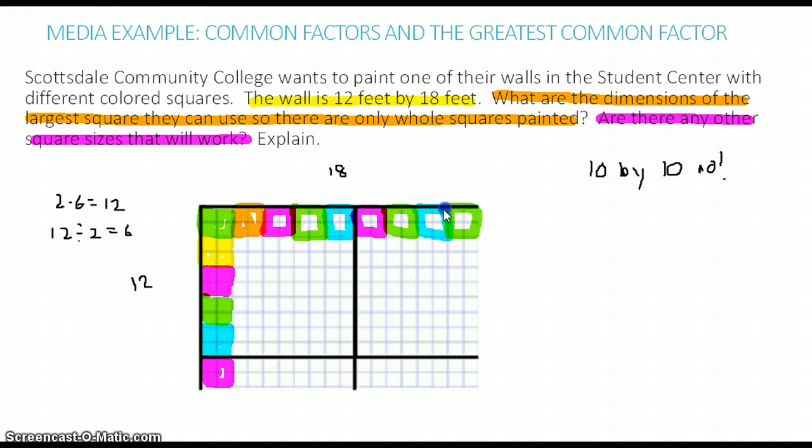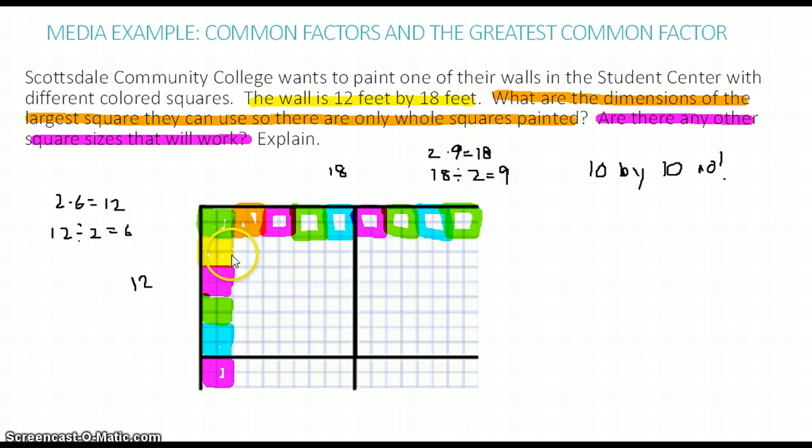And this did fit. We didn't go over or under. And we had 1, 2, 3, 4, 5, 6, 7, 8, 9. So when I broke the 18 into 2 foot by 2 foot squares, I had 9. So 2 times 9 equals 18. Or when I divided the 18 into 2 equal pieces, I got 9.